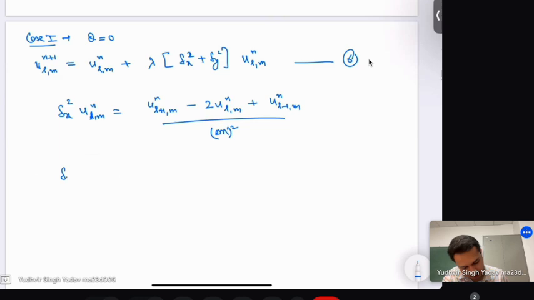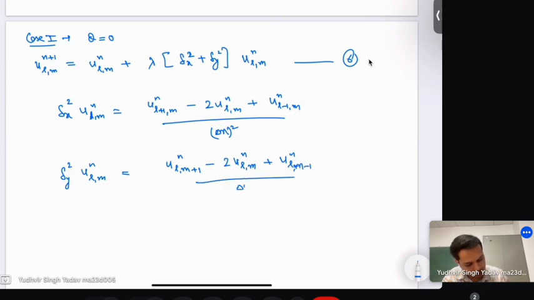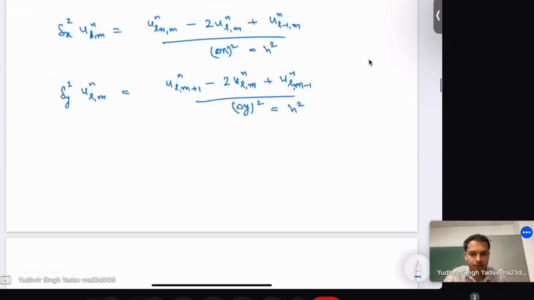Similarly, you can extend it for y: u_{l,m+1} minus 2 u_{l,m} plus u_{l,m-1} by delta y square. Or you can simply write h square and h square. So these are the notations that we have used to represent in a simplified manner.